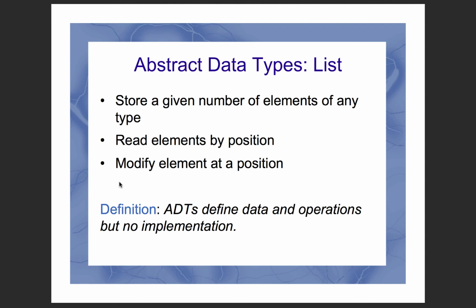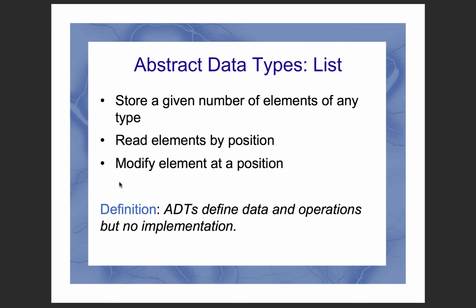Probably we don't know what the implementation of the list is. Probably we don't know how they modify the element at those positions. Probably we don't know what the implementation of reading elements by positions for a list is. But we know how to use those things. So this is an abstract data type example. An abstract data type defines data and operations but no implementations.